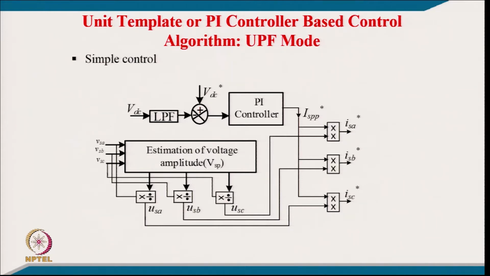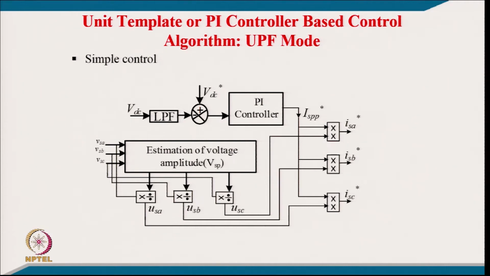However, you can use any closed loop controller like a sliding mode controller, fuzzy logic controller, or any other closed loop controller, because we want this DC link voltage to be equal to the reference voltage which we have got from design, and we consider the output of this typically as the supply current amplitude, because the power we are getting is to cover the losses of the compensator voltage source converter.